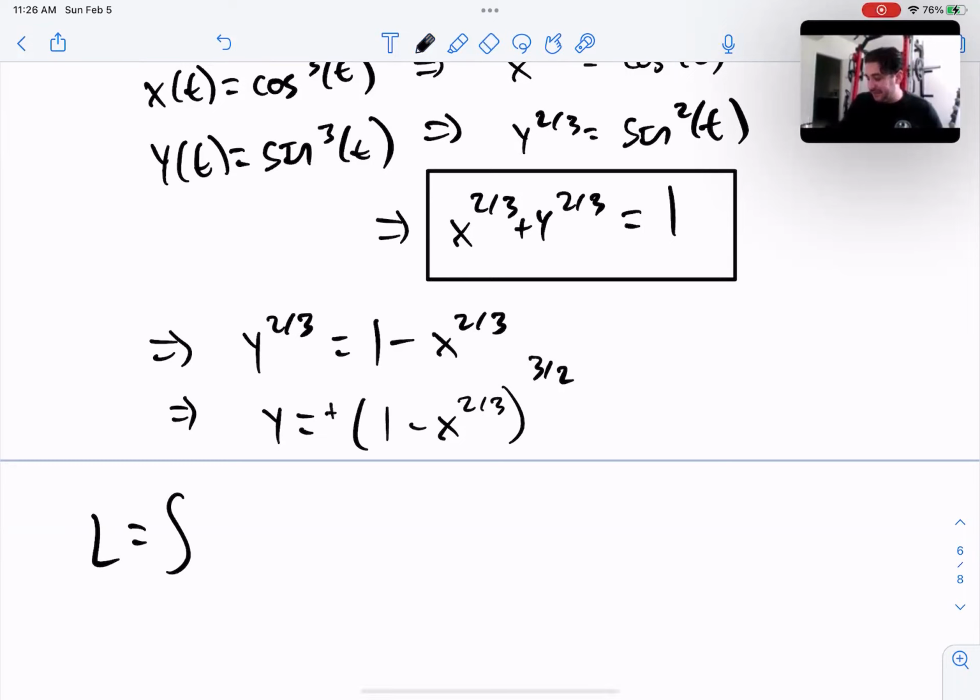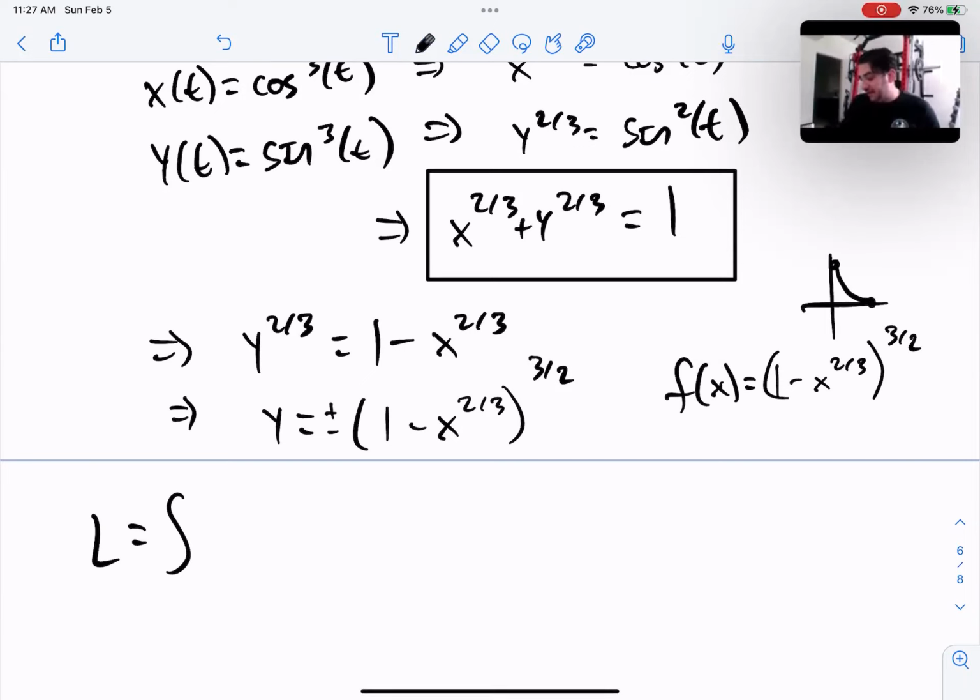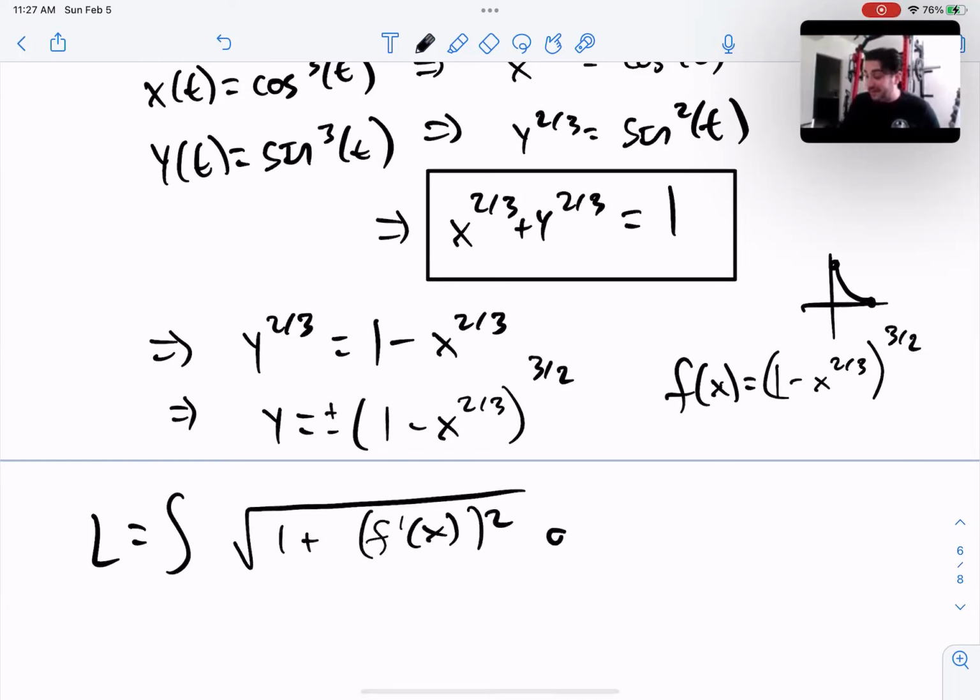Well, this has a plus or minus, but at least in that first quadrant, you could try this. Call this your function f, pick just that top little arc there, so f is (1 minus x to the 2/3) to the 3/2. And then you could integrate the square root of 1 plus f prime of x squared, that's the Cartesian arc length equation, as x goes from 0 to 1.